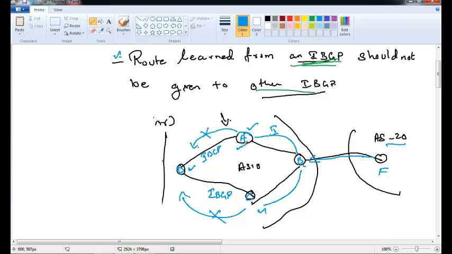Now, is this fully mesh? No. D and C are neighbors. Likewise, A and B are neighbors.